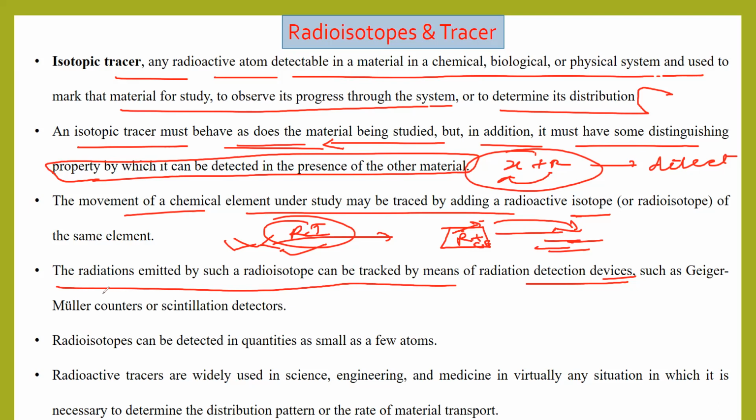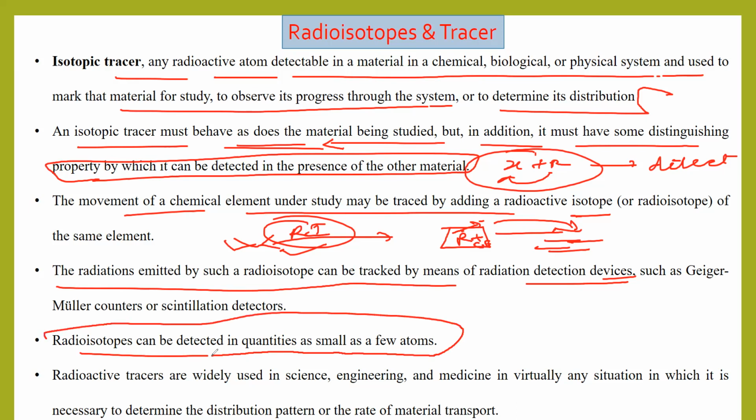Okay, so in this way we can trace the pathway. Radioisotopes can be detected in quantities as small as a few atoms. Means if we have a smaller quantity, then we can also detect. Radioactive tracers are widely used in science, engineering, and medicine in various situations. So, in each and every field there are uses of radioactive isotopes.